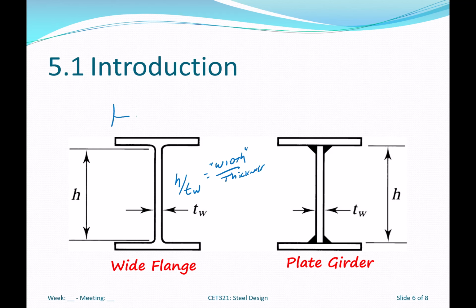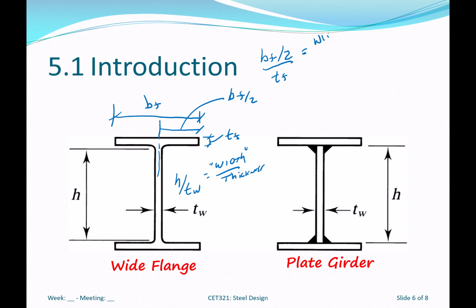Okay, we'll see b sub f. This is the width of the flange, certainly. Down the middle, this is going to be b sub f over 2. So for a flange, it has a thickness, t sub f. So we'll also look at b sub f over t sub f. That's another width to thickness ratio that we'll check.